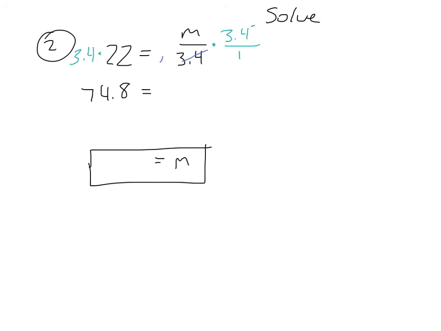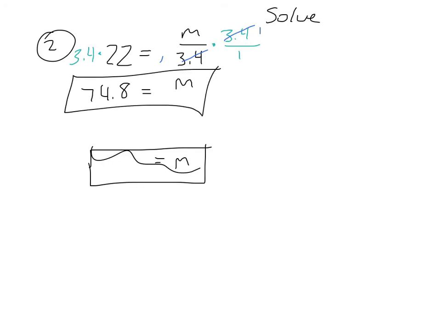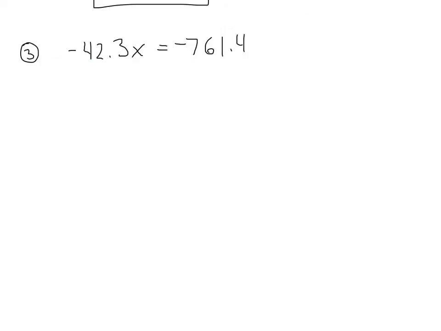They both become 1s, and you're left with, well, let's see, m times 1 is m. 1 times 1 is just 1, so actually I have my final answer here. I don't even need that. M equals 74.8.